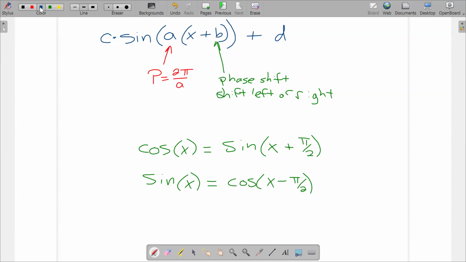Other important values here, the c out front tells me about the amplitude, the height of the wave, from the midline. And d is the midline.